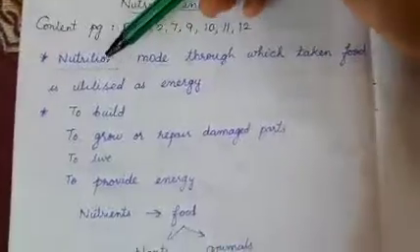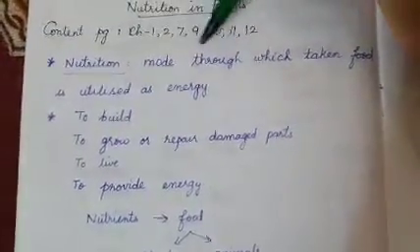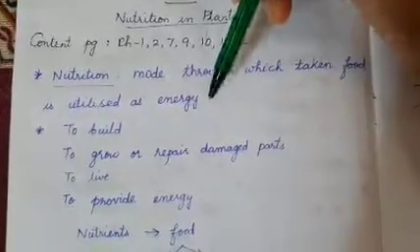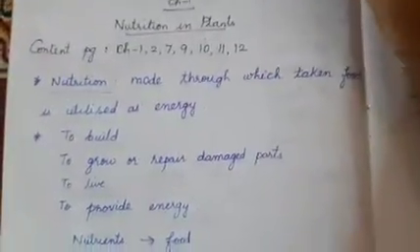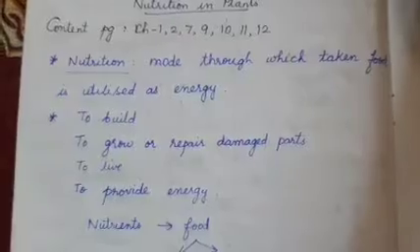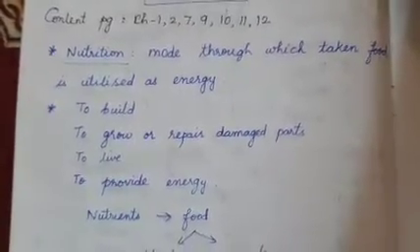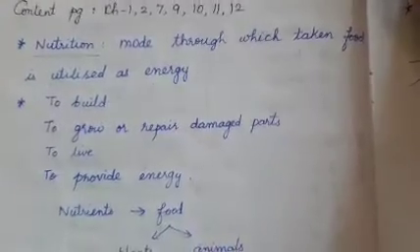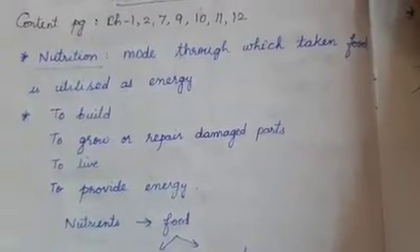So first, what is nutrition? Nutrition is the mode through which taken food is utilized as energy. Right? So we take in food, and through the digestion process all the essential nutrients, vitamins, proteins, minerals, everything will be absorbed.